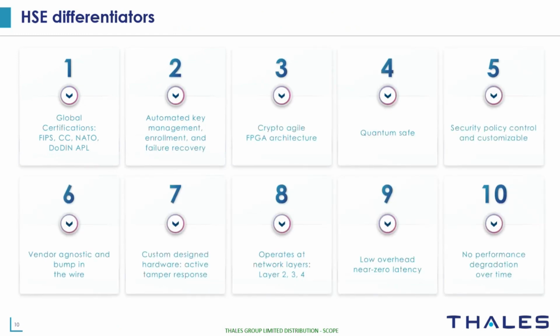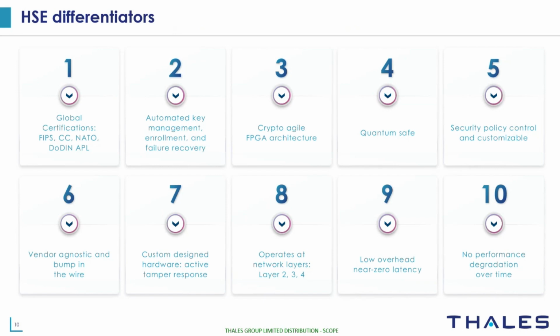Ten astounding features of HSE are, of course, we exist on the market because we follow global certifications, like FIPS, Common Criteria, of course NATO, and others from Far Asia, for example. Because we do the encryption, we have to change encryption keys from time to time. That's why we have automated key management here.